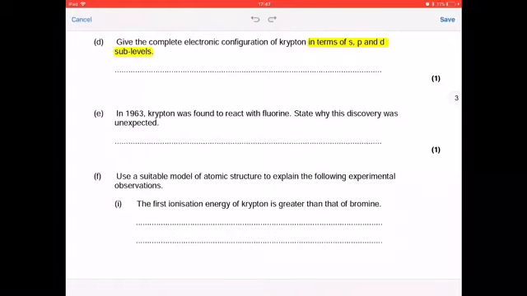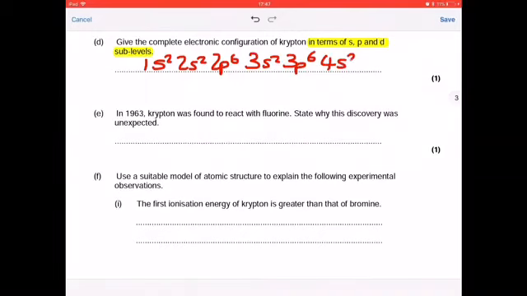So what you're looking at is 1s2, 2s2, 2p6, 3s2, 3p6, 4s2, remember that it fills before 3D, and it goes back to 3d10, and then finally 4p6. And remember that 4p actually fills after 3D, just because of the energy difference between 4s and 3D.